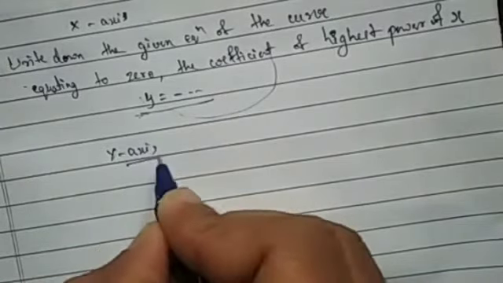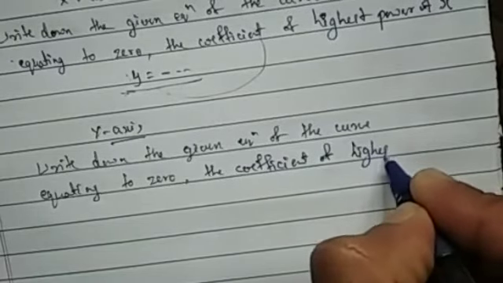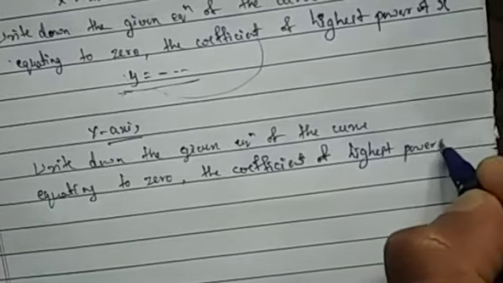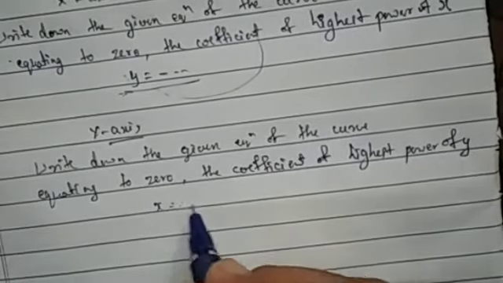Next, how do we find the asymptotes parallel to the y axis? Write down the given equation of the curve, then equating to 0 the coefficient of highest power of y, then you get some x values.